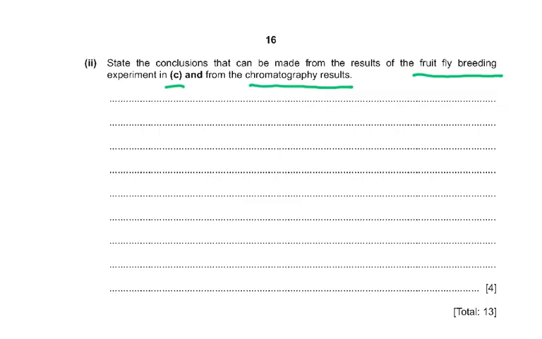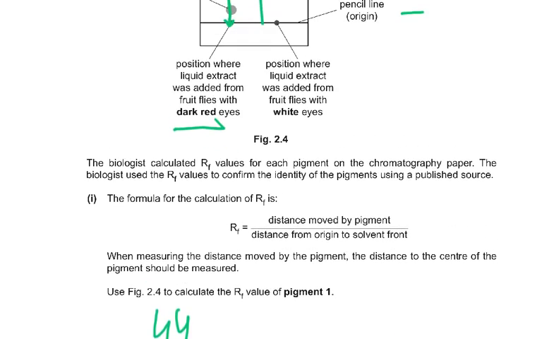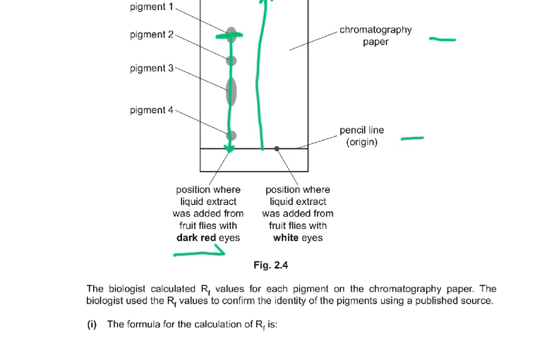Then from the chromatogram, what did you get? Fruit flies with dark red eyes have 4 pigments in their eyes. Let's look at it again. Fruit flies with dark red eyes have 4 pigments in their eyes, and fruit flies with white eyes have no pigment. You can see here white eye, there is no pigment here. Then pigment 4 is drosopterin.